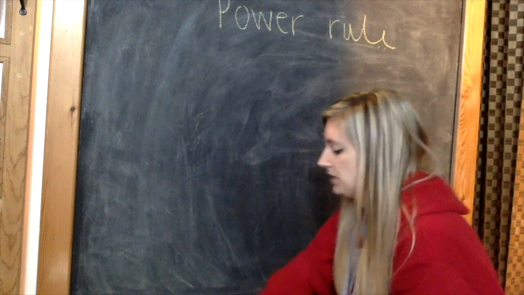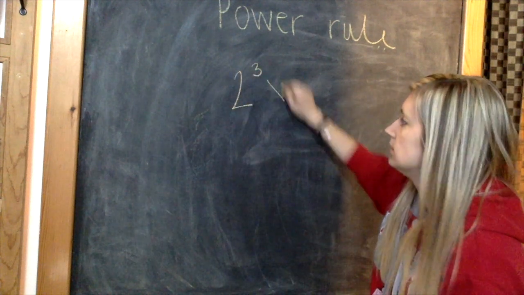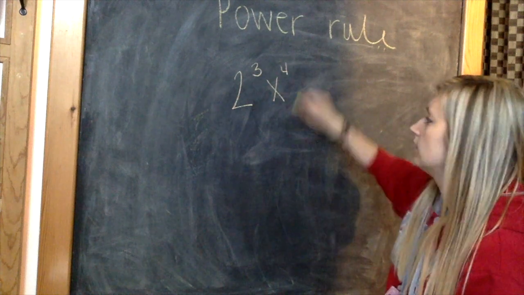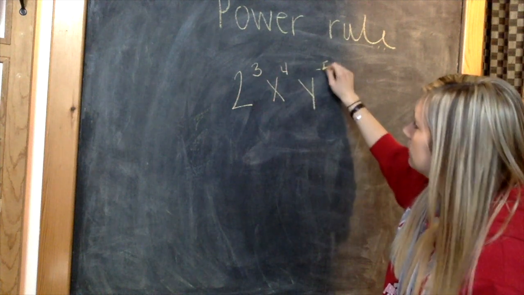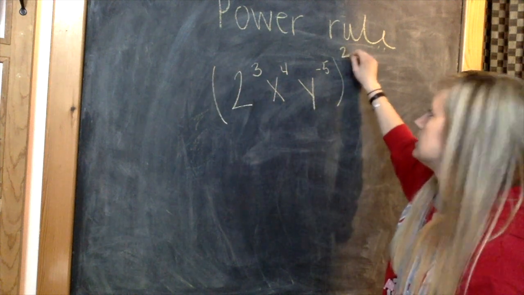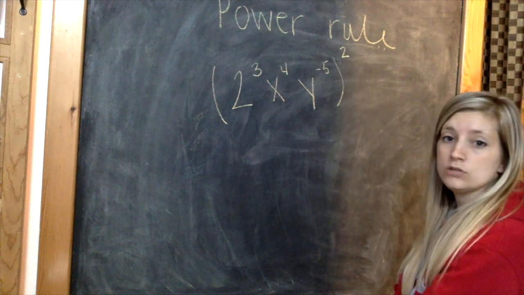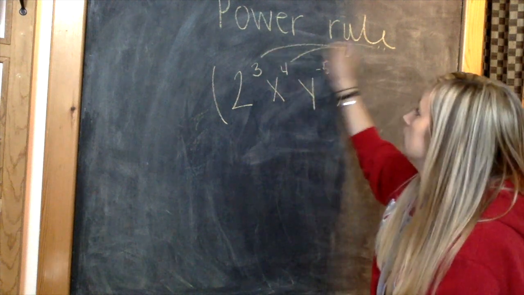And let's not overcomplicate this one. So let's just go 2 cubed x to the 4th, y to the negative 5th, and then let's go to the 2nd. Okay, so power rule, check that out.